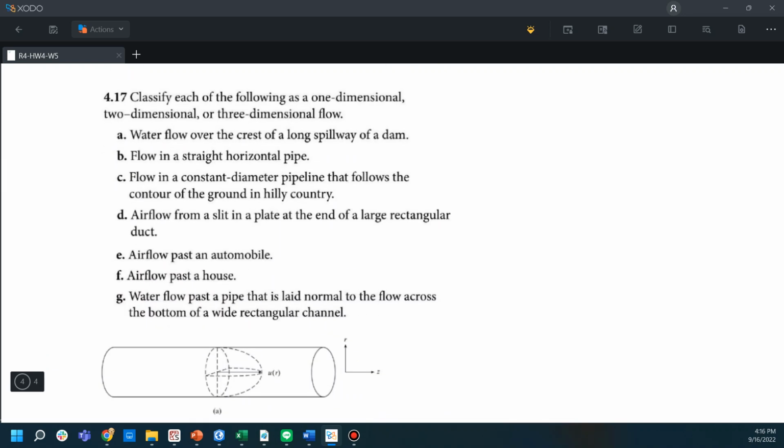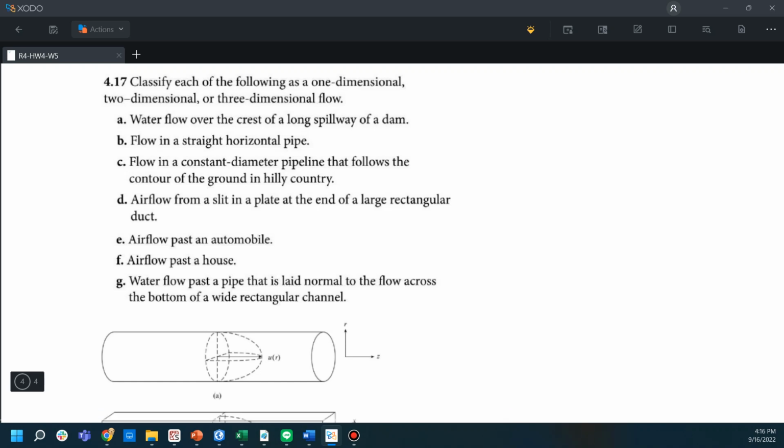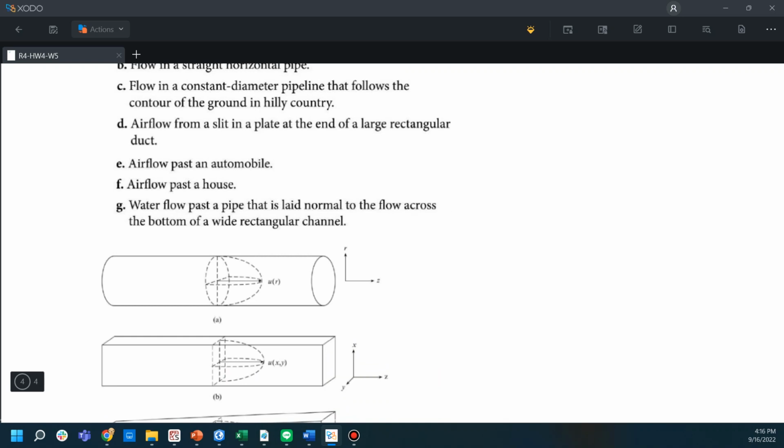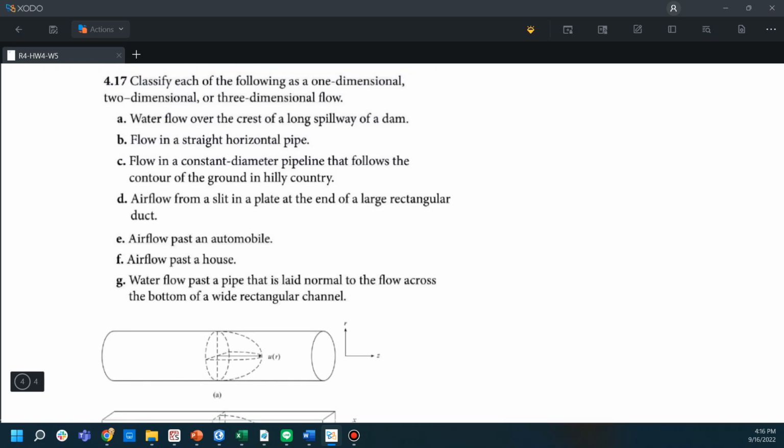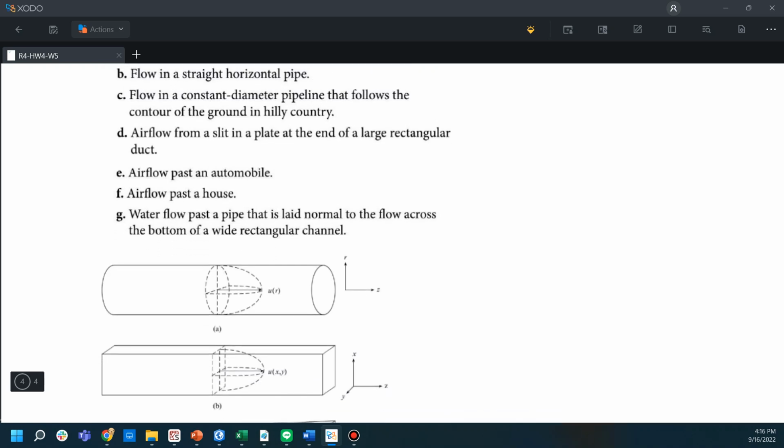Then we can move on to our last problem for this week. We need to classify each of the following as one-dimensional, two-dimensional, or three-dimensional flows. And before doing that, let's quickly review what's the one-dimensional, two-dimensional, and three-dimensional flow.